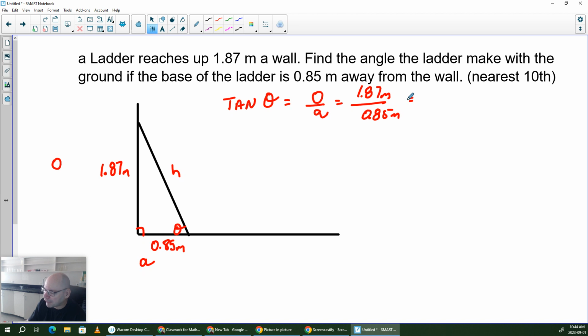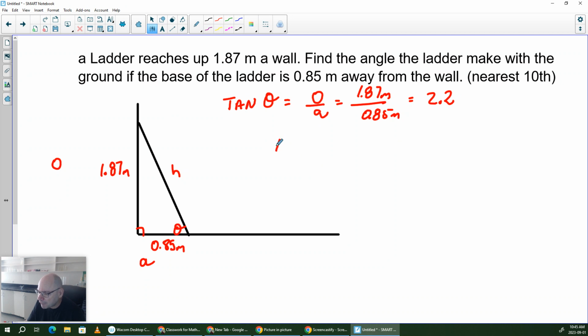So we're going to do that on our calculator. 1.87 divided by 0.85. Okay, 2.2 exactly. That's weird how that worked out.